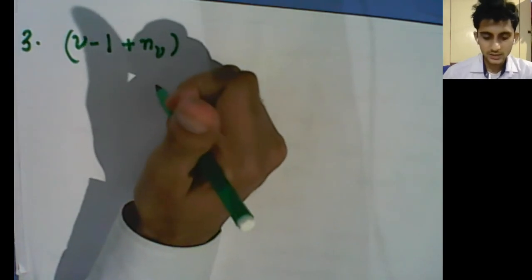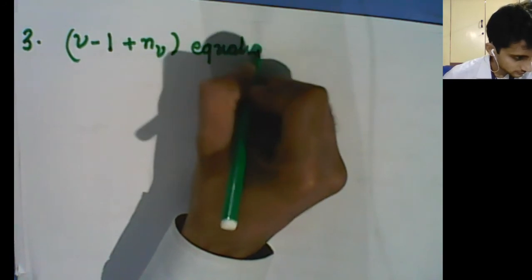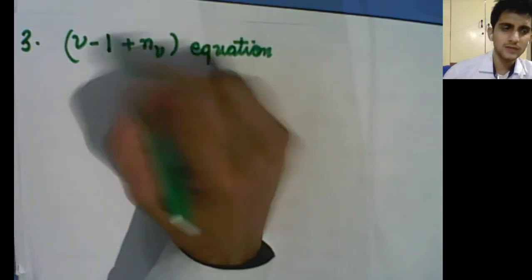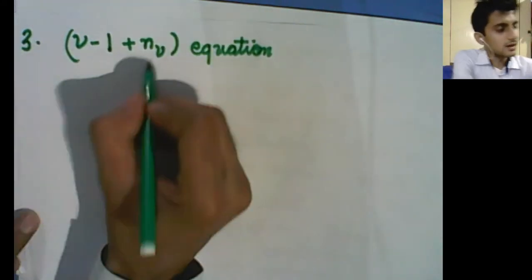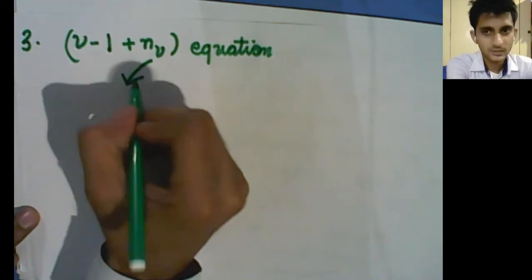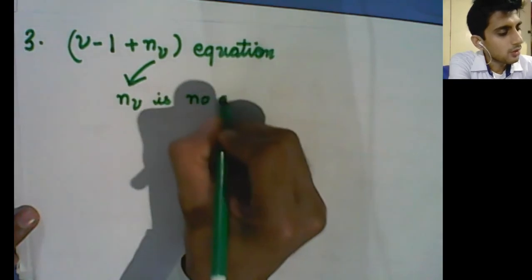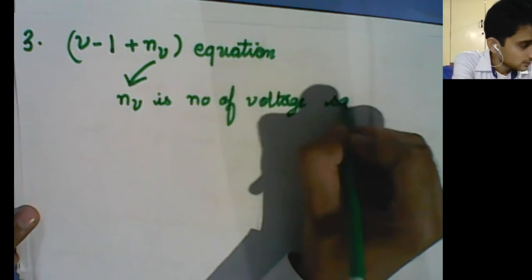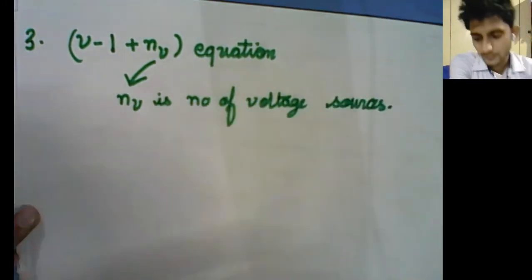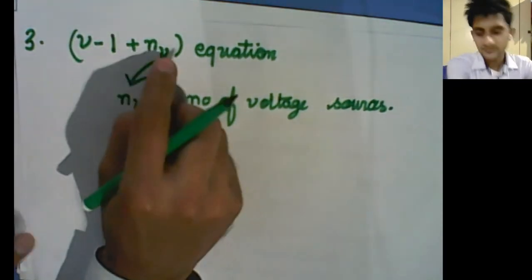NV equations. और ये equations किस में होंगी? There will be V minus 1 plus NV equations voltage वाली होंगी, जहाँ NV, this NV is number of voltage sources. ठीक है, V minus 1 plus NV equations.